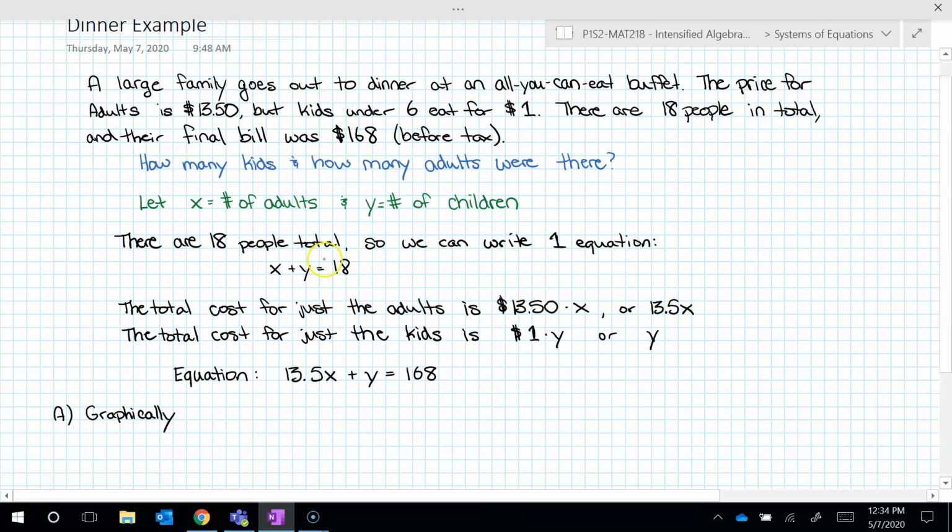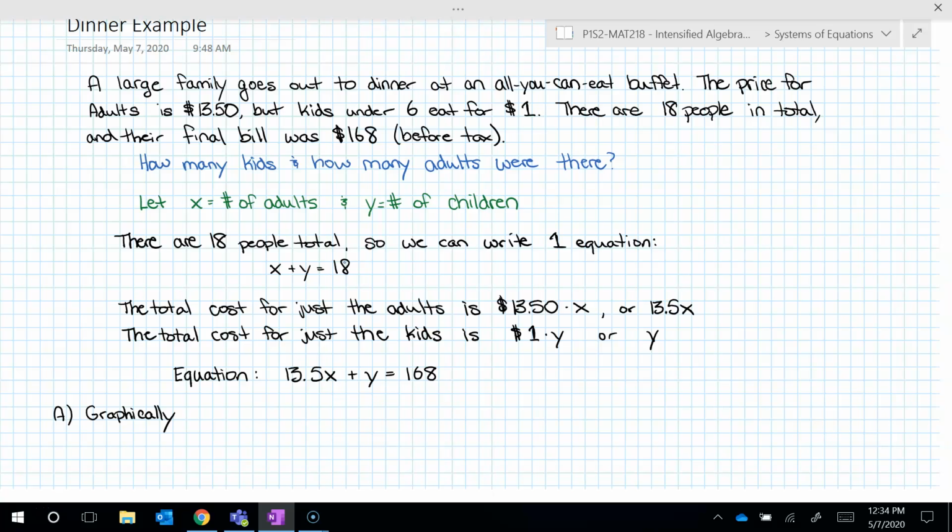So this gives me one set of parameters to follow, but I need to create another equation to figure out how many exact kids and adults there were.